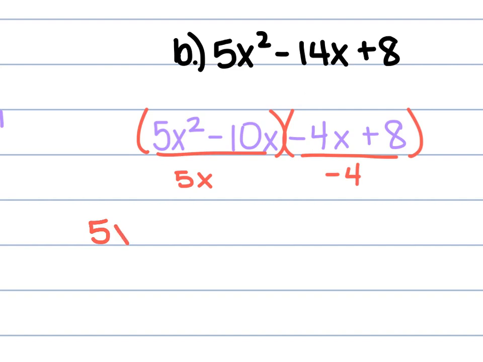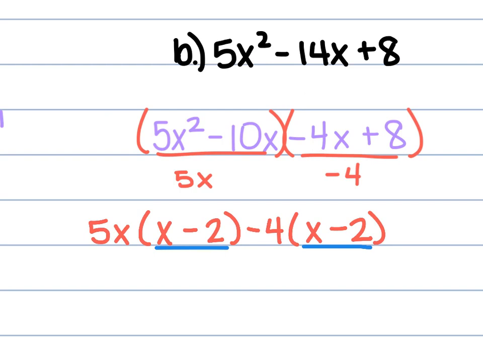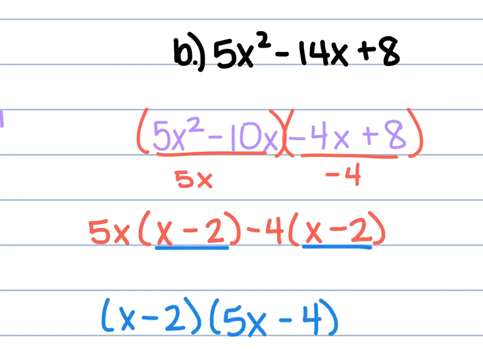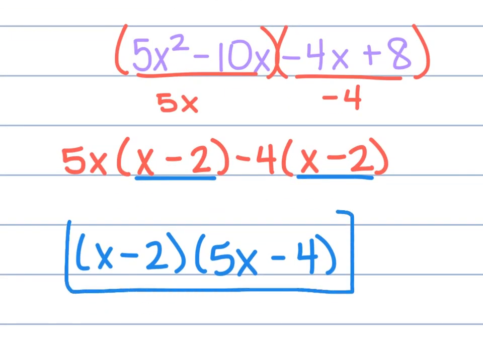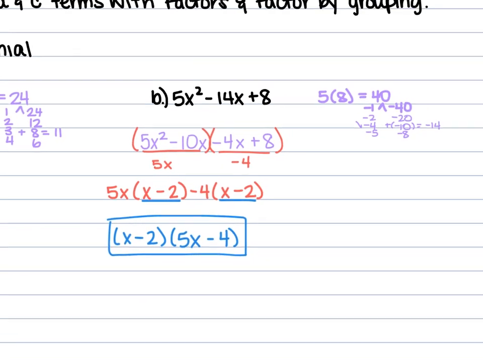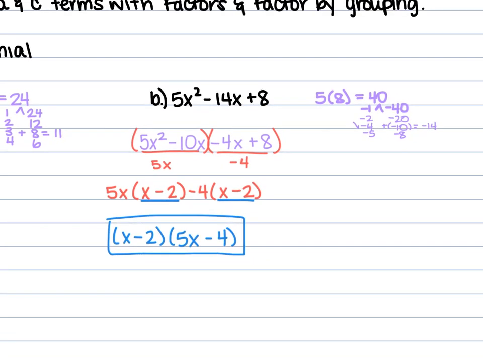So this is going to be 5x times x minus 2, and then negative 4 times x minus 2. Our two sets of parentheses are the same, so we're going to have x minus 2. Then we're going to make a set of parentheses with the 5x and the negative 4. So x minus 2 times 5x minus 4 is our factored out 5x squared minus 14x plus 8.